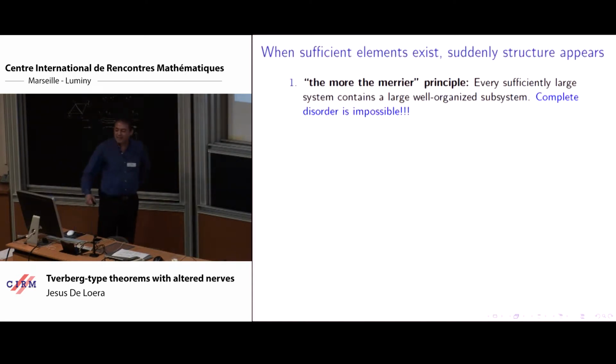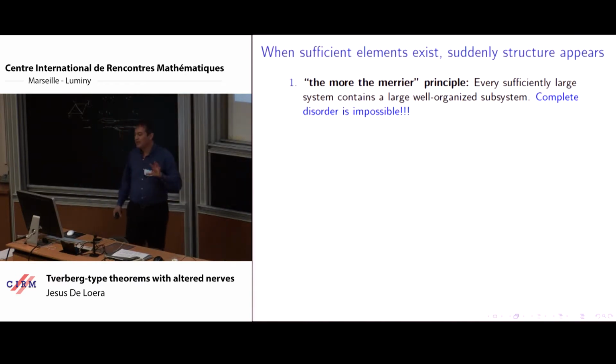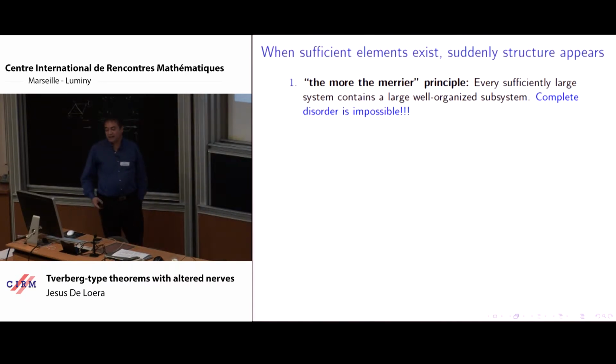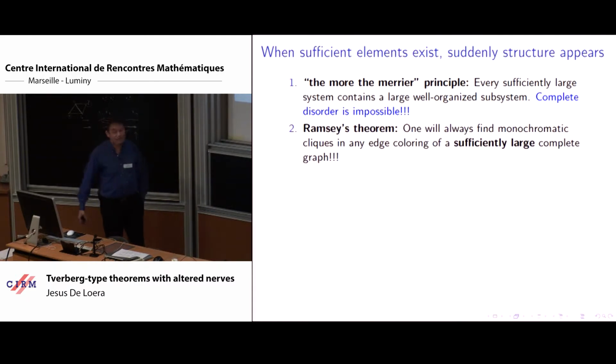As I said, the type of theorems that I'm going to present tell you that if you have a lot of elements in a system or a structure, you suddenly have organization. Something appears suddenly. Certainly the most famous theorem of this type is Ramsey's, which has to do with colorings of complete graphs.